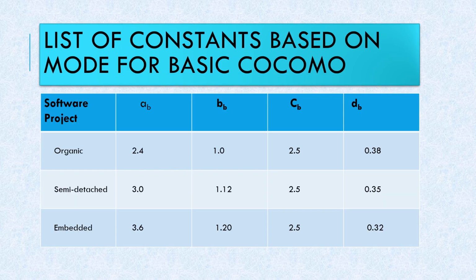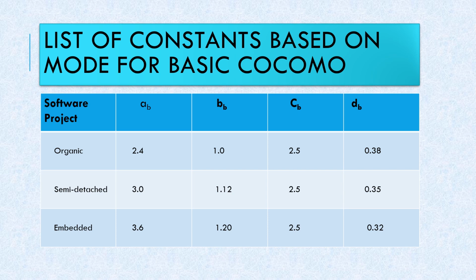Now the list of constants based on mode for basic COCOMO. Suppose your project type is organic. So there are four values A, B, C, D which are predefined, so you can use them directly.